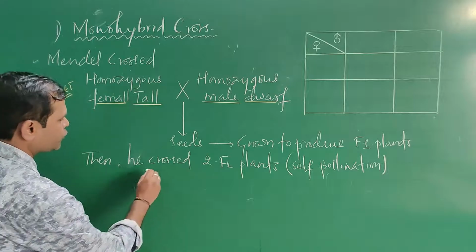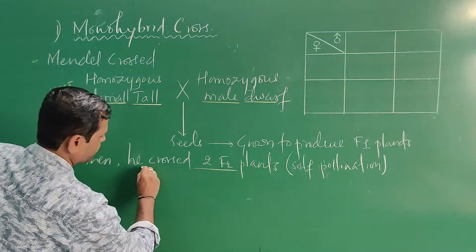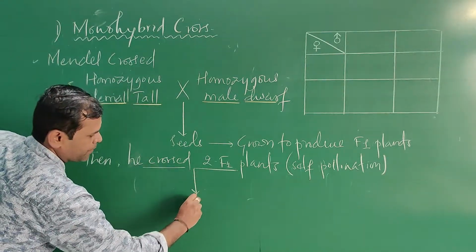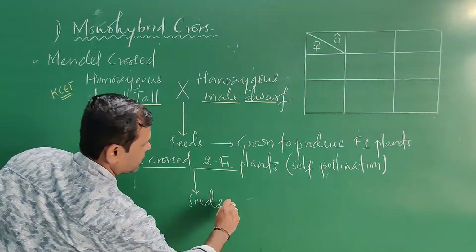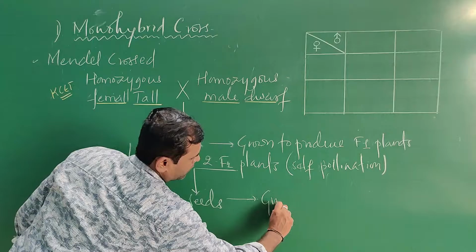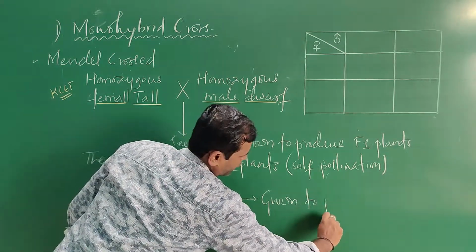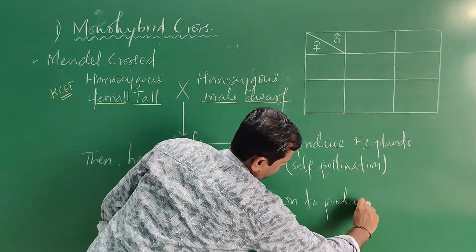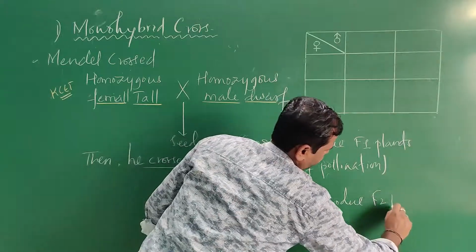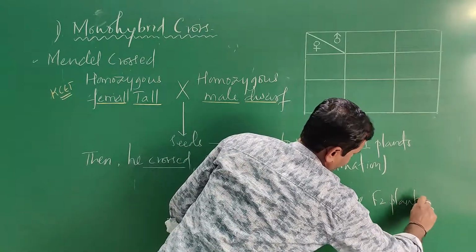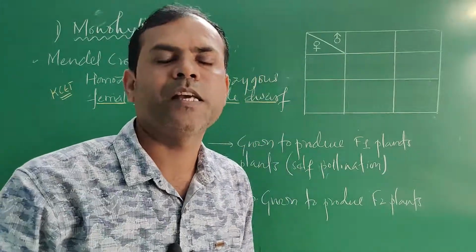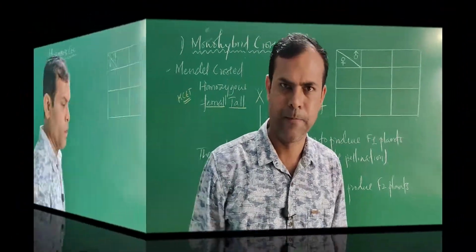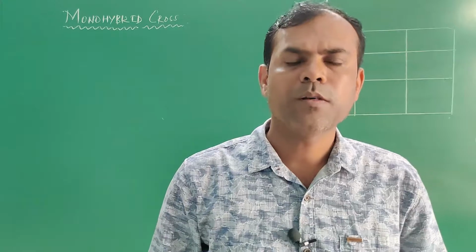And when he crossed two F1 plants, seeds are produced. These seeds are then grown to produce F2 plants or F2 generation. So this is his experiment. So let's see how he did it. Now monohybrid cross in detail.